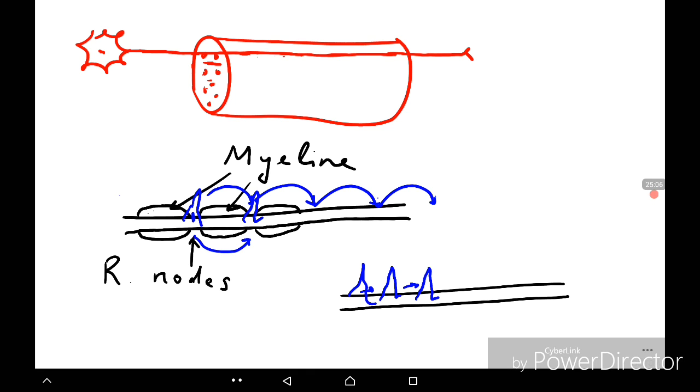Such jumping type of impulse conduction that may be found in the myelinated nerve fiber is also called saltatory type of conduction or jumping type of conduction.